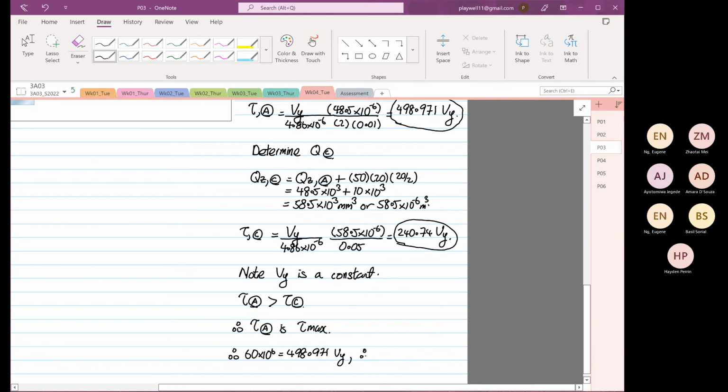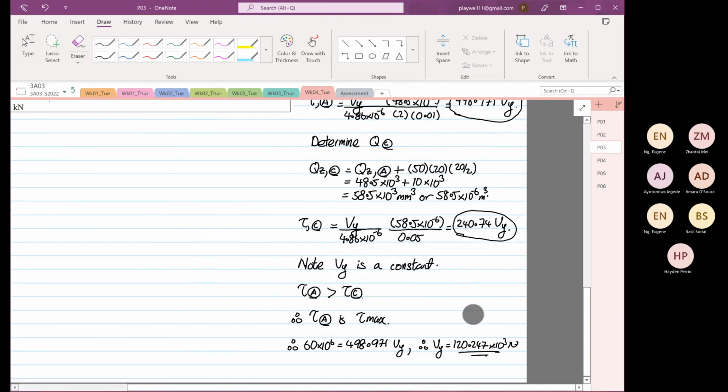Therefore Vy will be equal to 60 times 10 to the power 6 divided by 498.971, which is equal to 120.247 times 10 to the power 3 Newton. So this is the largest force that you can use. Any force higher than that, the structure will fail.